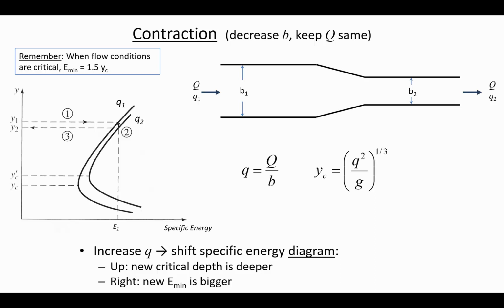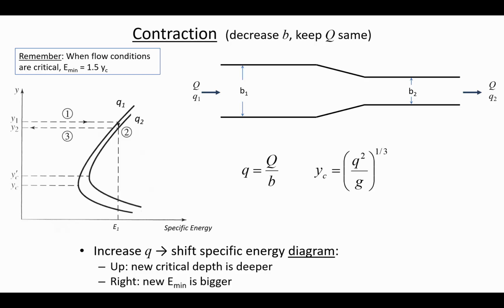Just look at the formula that's on the screen there for y sub c. If B gets smaller, then lowercase q is bigger. If lowercase q is larger, then y sub c is larger. So you have different critical depths depending on how wide the channel is. A narrow channel has a taller critical depth.